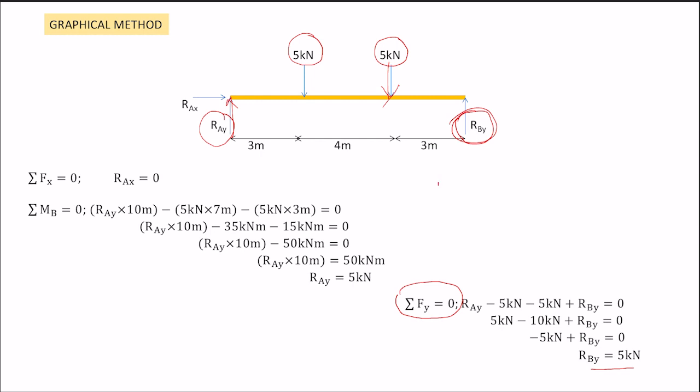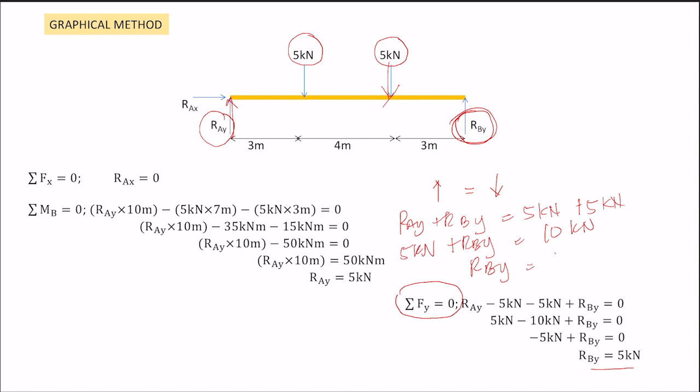Actually, if I use the simplified version, so force going up equal to force going down, you have RAY plus RBY going up equal to 5 kilonewton the load and 5 kilonewton the load. You will actually get the same answer here. 5 kilonewton plus RBY equal to 10 kilonewton and RBY will be equal to 5 kilonewton.